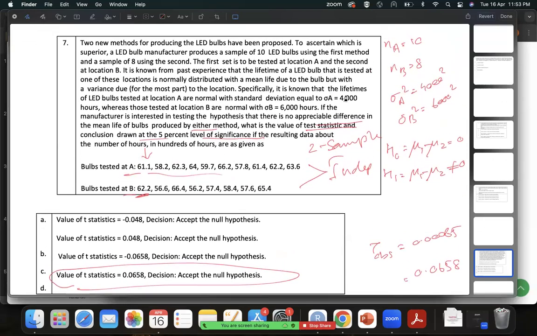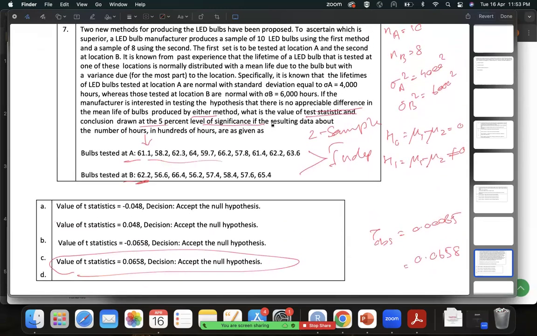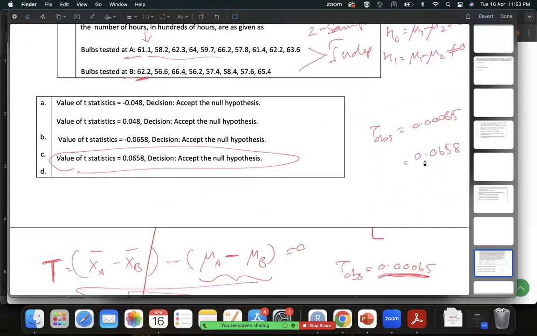But why are they converting it? I'm not sure why they're multiplying it by 100, but this is the answer. If there's some discrepancy like that, you just see which value it's closest to, like 0.0065.